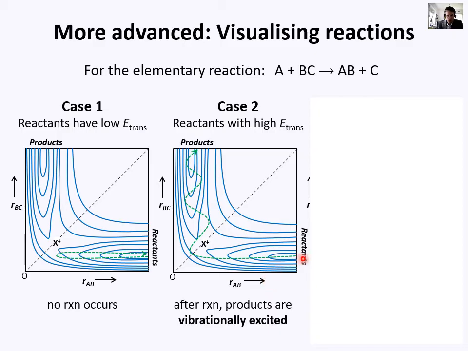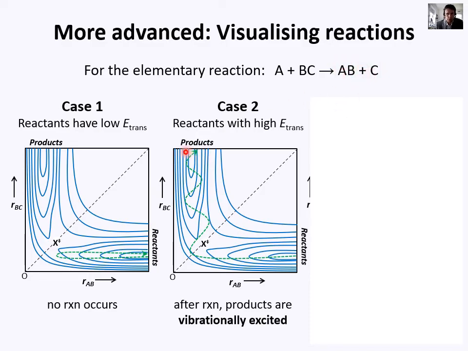If you have a high translational energy, then what might happen is you might overshoot the value of your transition state, cross another contour, and in doing so, what you do is you then set up this kind of flight path that does this. Now, if you think about this, RBC is still increasing, so essentially our products are moving away from one another, so the radius between B and C, or the radius between our products A, B and C, is increasing.